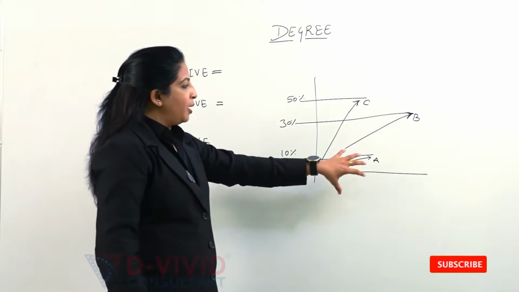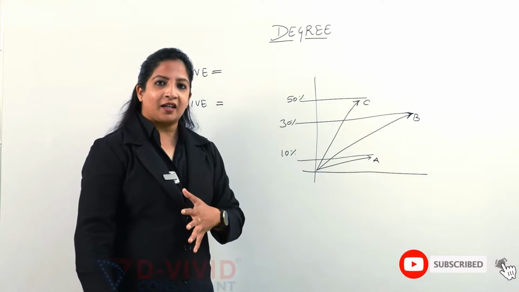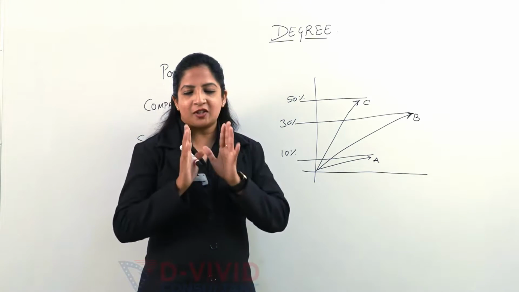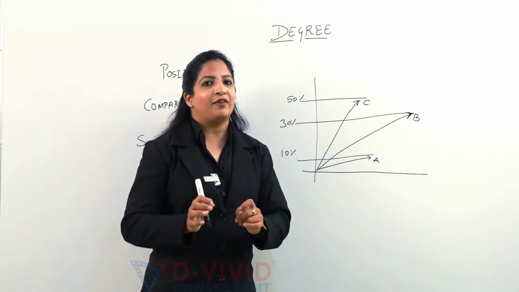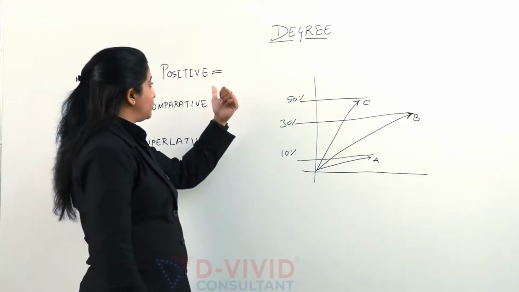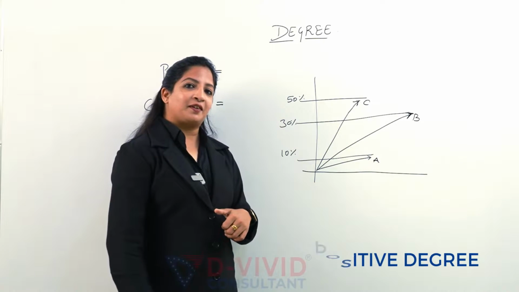So when we talk only about A, which degree will we use? Now you know very well, and I am very sure you are going to give me the correct answer. Yes, we are going to use the positive degree.